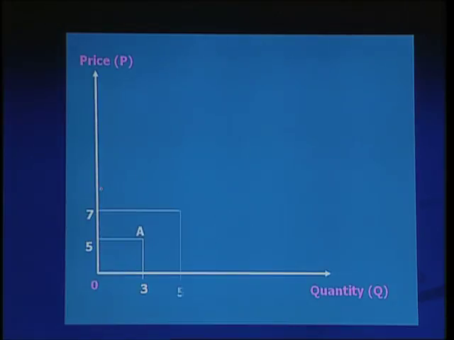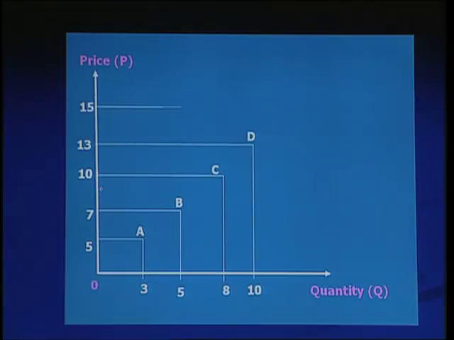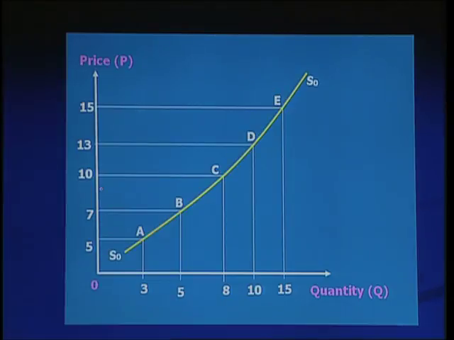We can see the quantity supplied is shown on the horizontal axis, and the price of the commodity on the vertical axis, and we found the points A, B, C, D, E, each of which shows the price of the commodity and the corresponding quantity. If we join all these points, we get the S0 S0 curve, which is called the supply curve.